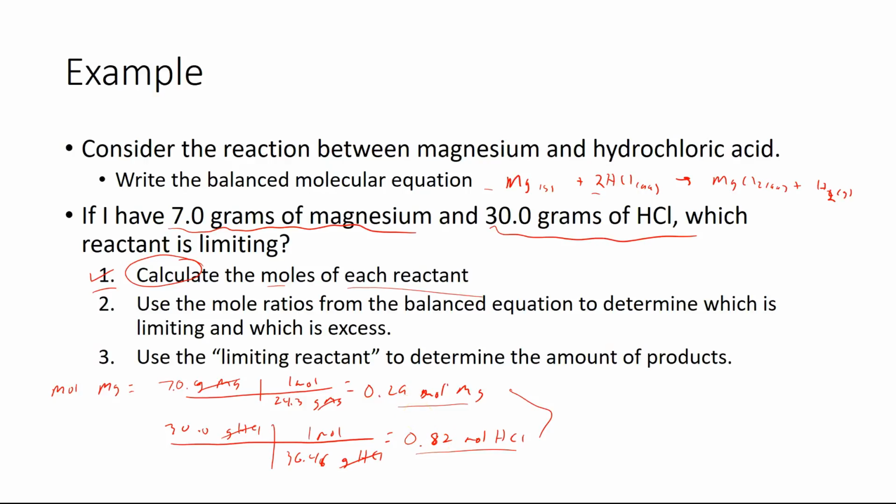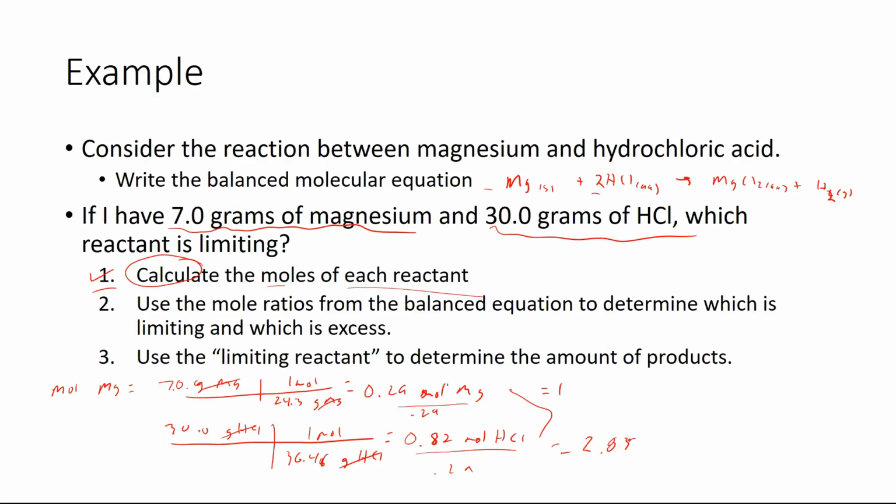The way that you do that is you pick the smaller one, which is 0.29, and divide both quantities by that. So 0.29 over 0.29 gives me 1, and 0.82 over 0.29 gives me 2.83, or 2.8, I guess.